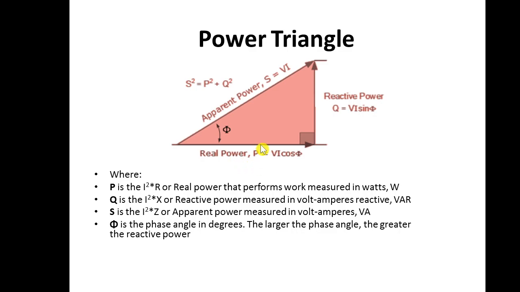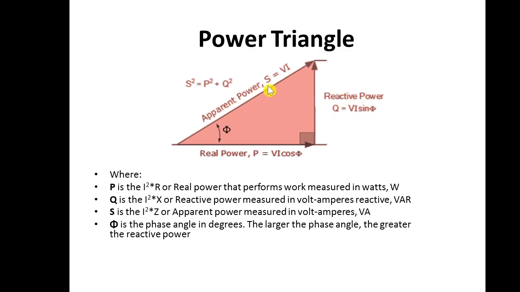It is denoted by capital letter P, and the formula for this is VI cos of phi. Okay, VI cos of phi. Then reactive power is denoted by Q, and the formula for it is VI sin of phi.